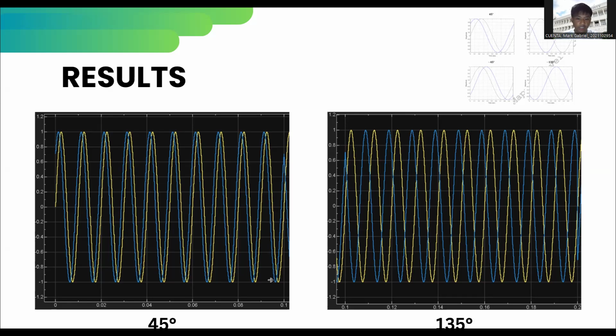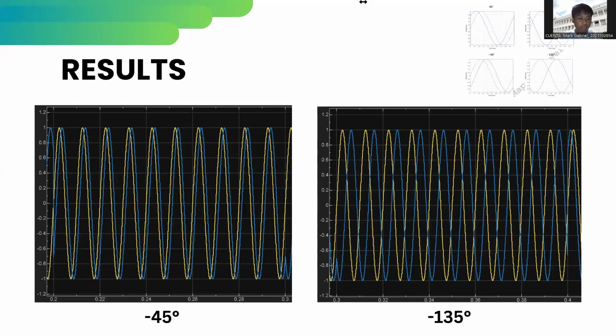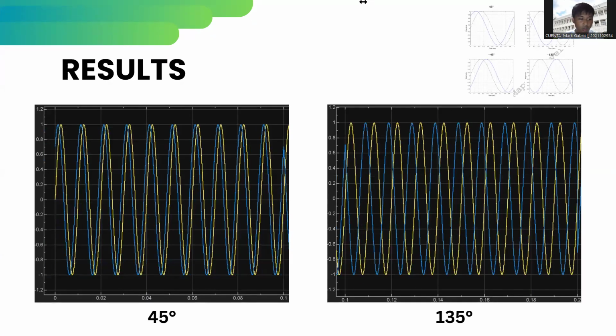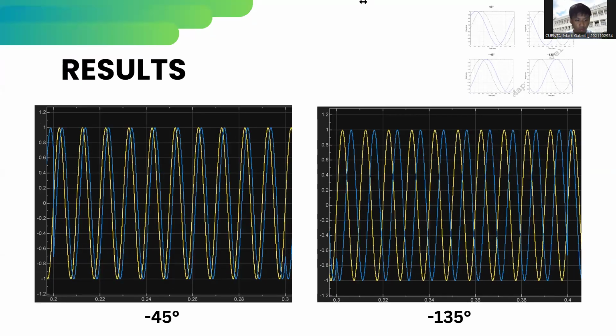First, the time segment of 0 to 0.1, and 0.1 to 0.2. Again, 0 to 0.1 is 45 degrees. Then 0.1 to 0.2 is 135 degrees. 0.2 to 0.3, negative 45 degrees. 0.3 to 0.4, negative 135 degrees.